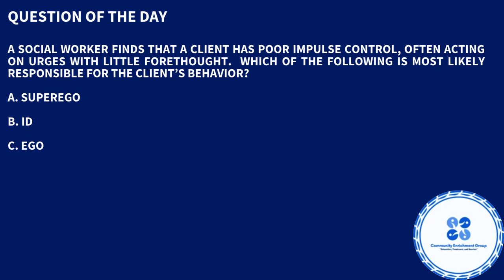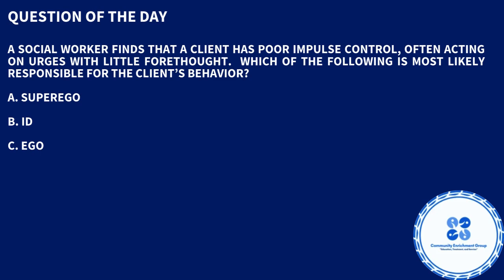But let's go ahead and look at letter C as well. Letter C says ego. The ego is the realistic part that mediates between the desires of the id and the superego. So, in this case, we've definitely eliminated A and we have eliminated C. So, the correct answer is, you got it, B, the id.